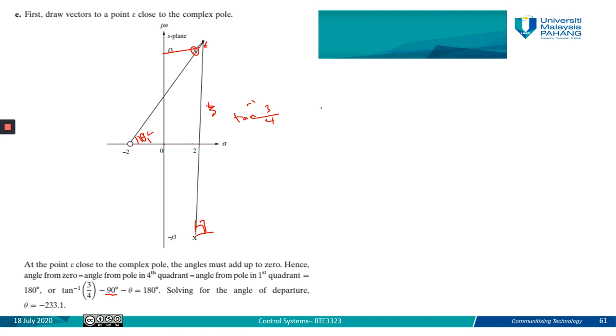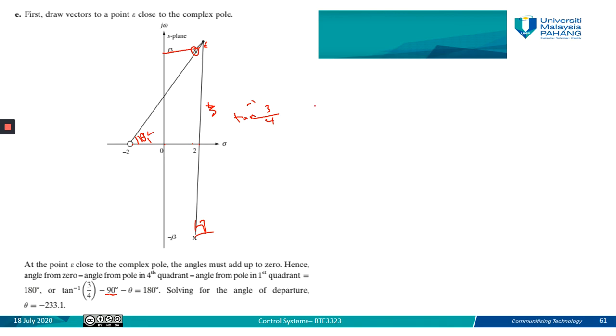Because we have the formula, we can say the angle of departure equals summation of angle of zeros minus summation of angle of poles plus (2k plus 1) times 180.